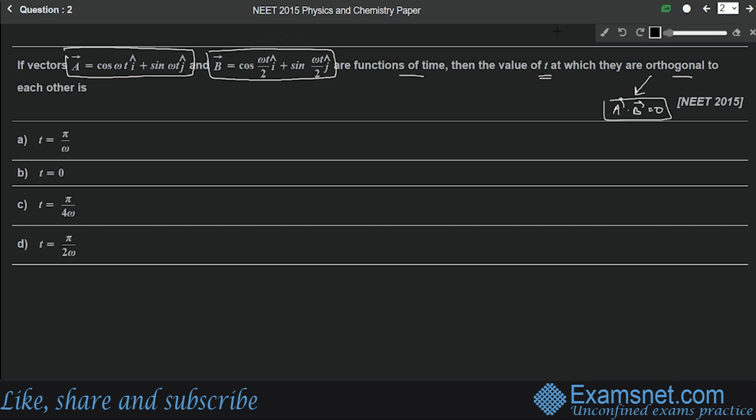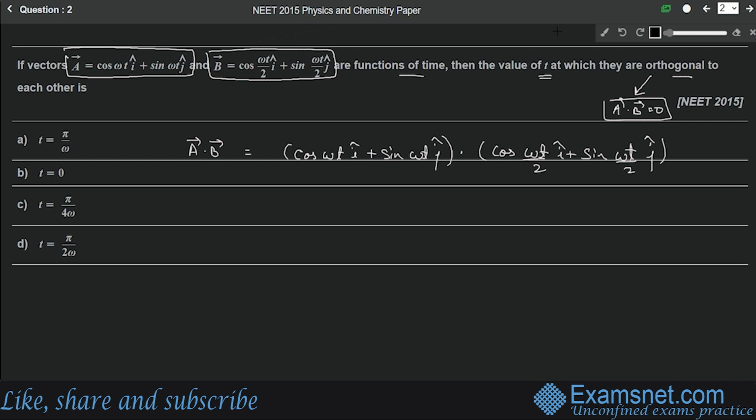So first let's find out vector A dot vector B. Vector A dot vector B is equal to cos omega t i cap plus sin omega t j cap, dot, cos omega t by 2 i cap plus sin omega t by 2 j cap.